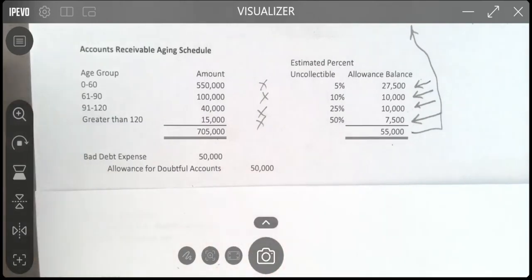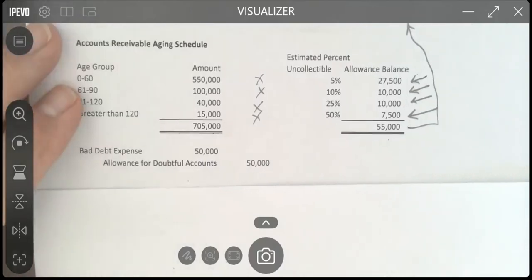And that's how you do the more sophisticated method of applying different percentages of bad debts to accounts receivable balances depending on the length of time outstanding. The accounts receivable aging schedule was the third of the potential methods we discussed during our discussion of the current expected credit loss model known as the CECL model.